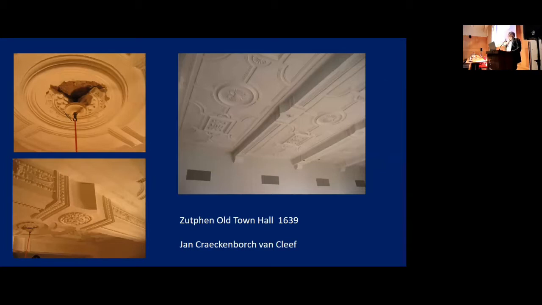One of the craftsmen who made this ceiling came from Kleef, a little town just on the other side of the border. On the left high, you see the rosette. A quarter was missing, and it was also plaster cast, so we could make a mold and put it back.